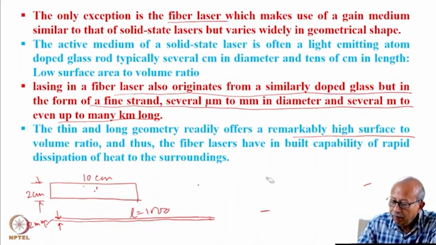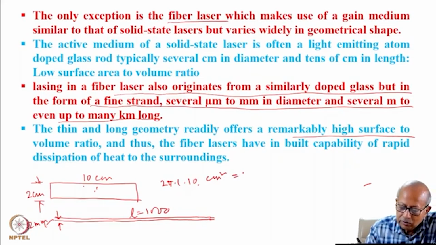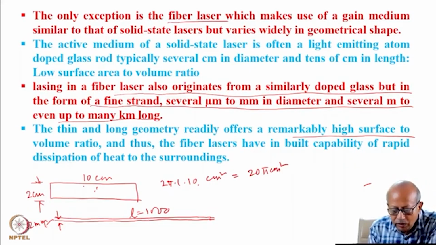how the surface areas of these two systems compare. So what is the surface area of this rod? It is 2 into pi into r, r is 1 centimeter, into length. Length is 10. So this is equal to 20 pi centimeters square. And what will be the surface area of this fiber, whose diameter is 2 millimeter and length is 1000 centimeter?